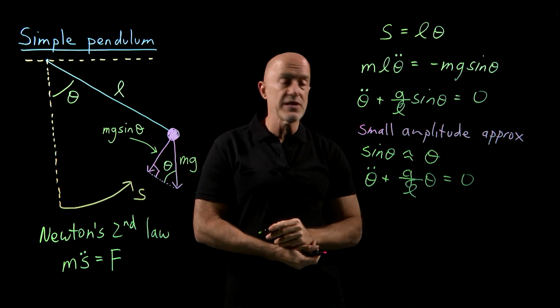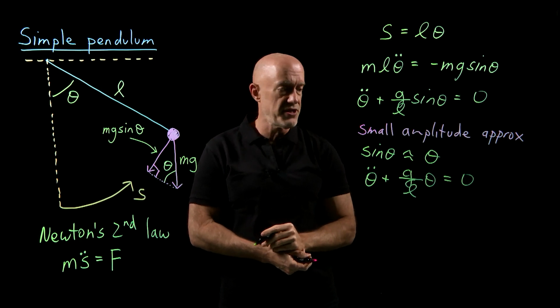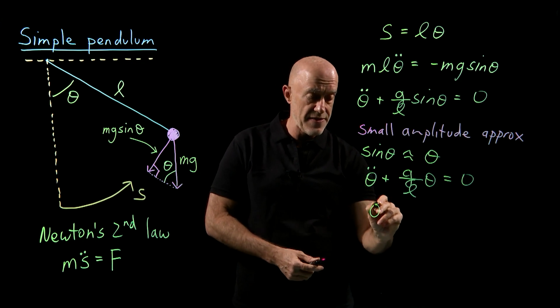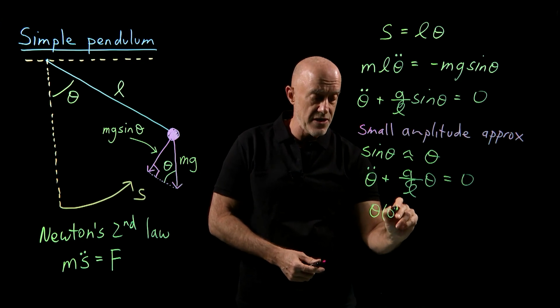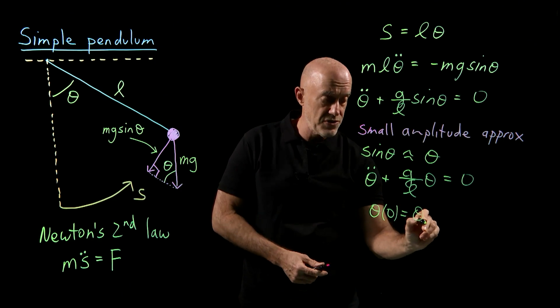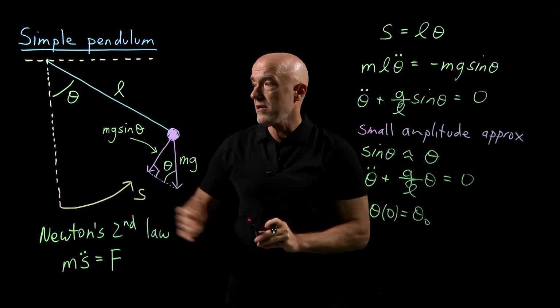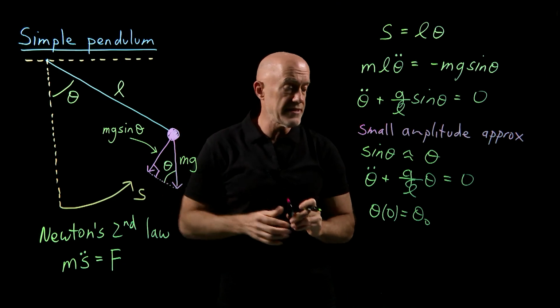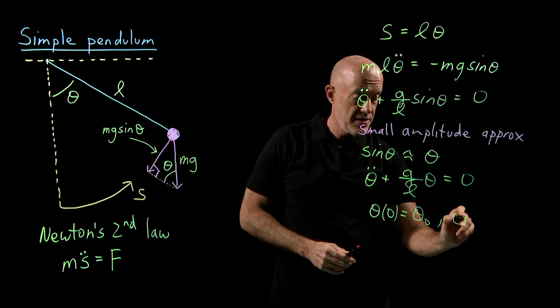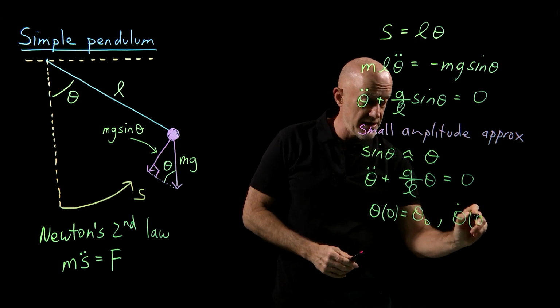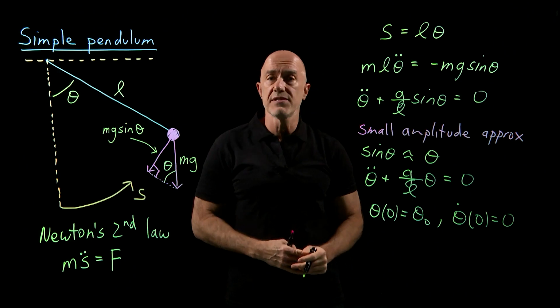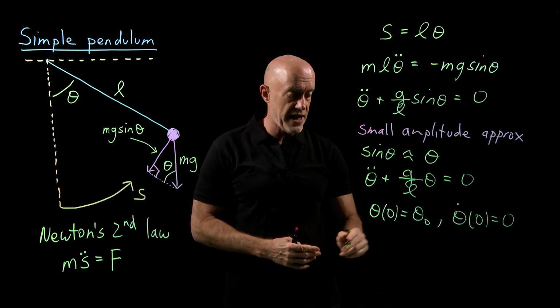This is the differential equation for oscillations. We need some initial conditions. So let's say that theta at t equals 0 is some initial amplitude, which is assumed to be small, so that we start the pendulum up here, say. Let's say it has no velocity, so theta dot of 0 equals 0. And then the solution of this equation will just be the cosine function.